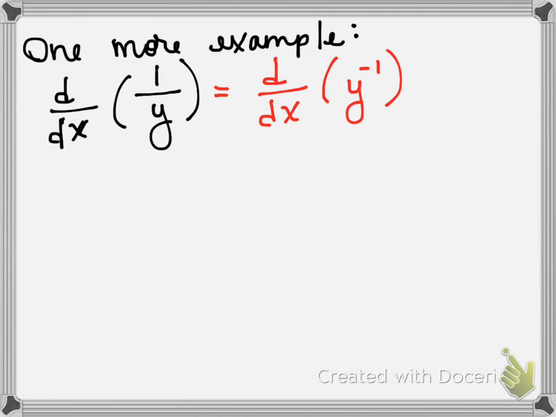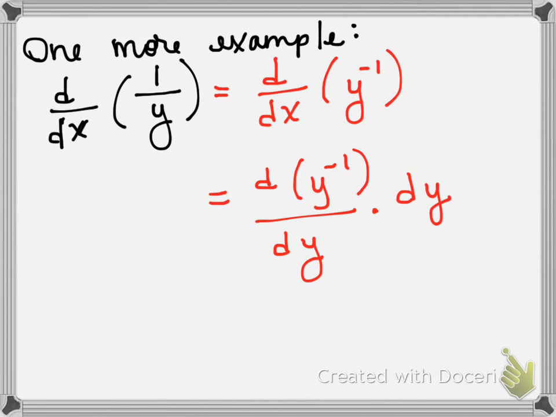In order to do this, remember we need to think about y as a function of x. So first, we're going to have to use a chain rule. We're first going to have to take the derivative of y to the negative 1 with respect to y, and then multiply by the derivative of y with respect to x.